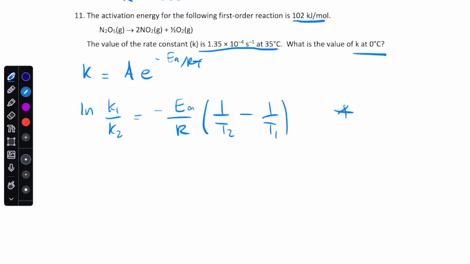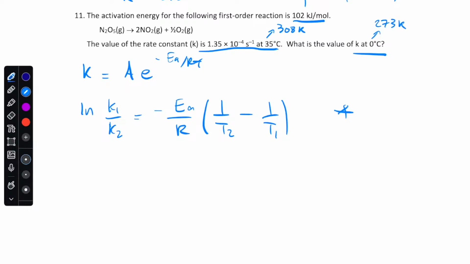And because that's in kilojoules, we'll want to turn that into 102,000 joules per mole. The other thing we want to do is not use degrees Celsius. We want to use Kelvin. So we want to convert our temperatures into Kelvin. 0 becomes 273 Kelvin, and 35 degrees becomes 308 Kelvin.